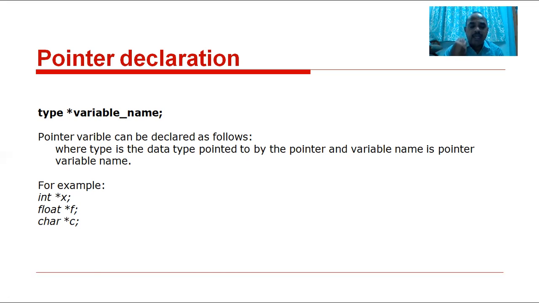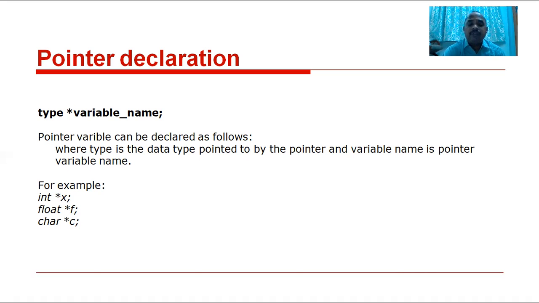Simply, it collects a value from another variable. That's why the asterisk is an indirection operator. Clear? The asterisk indirection operator is used in two distinct ways with pointers.